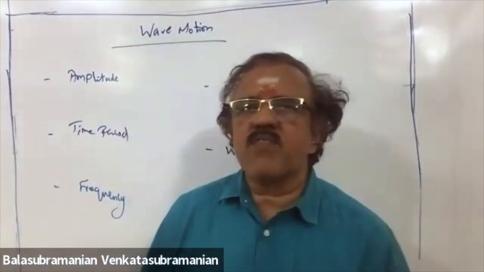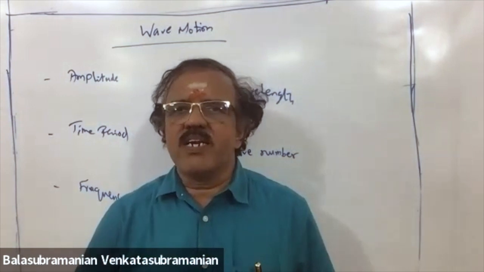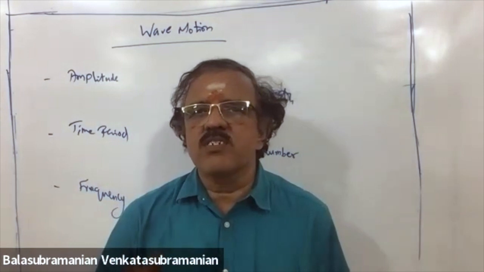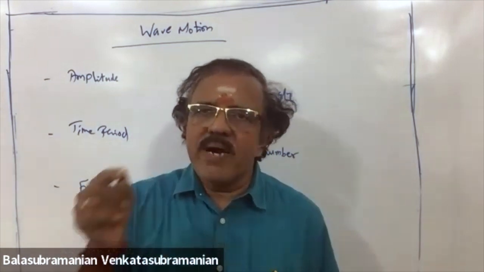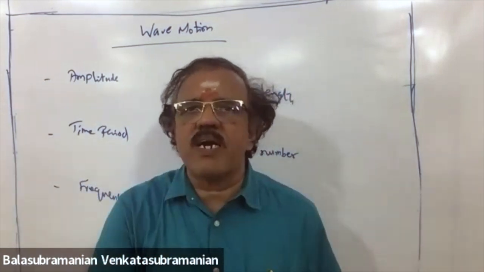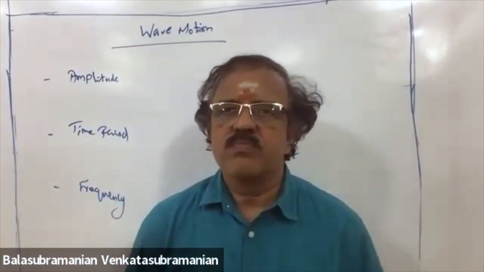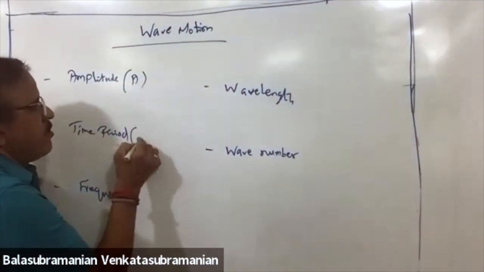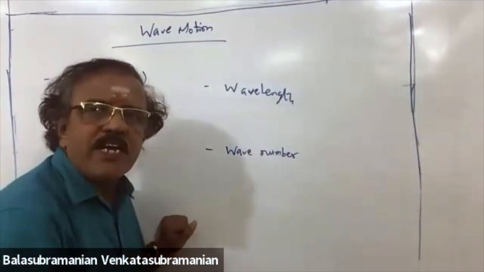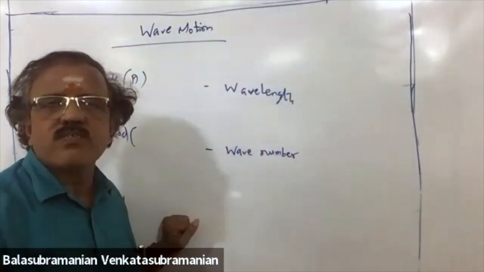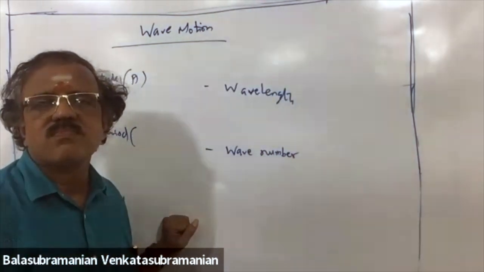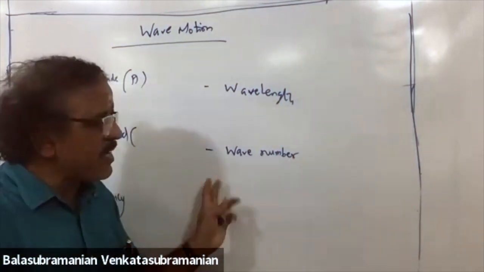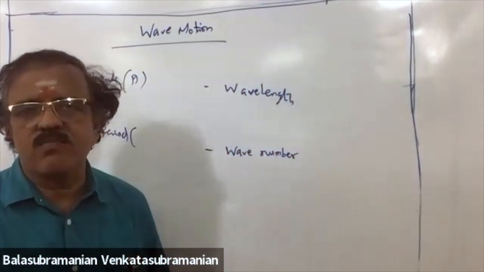The maximum displacement of the vibrating particle, whether it is a transverse wave in solids and liquids or a longitudinal wave in solids, liquids and gases, the maximum vibration of that particular particle, we call it amplitude. Time period is the time taken by the vibrating particle to complete one crest and one trough, or one compression and one rarefaction.